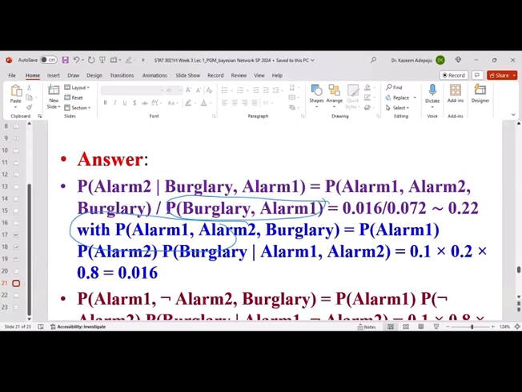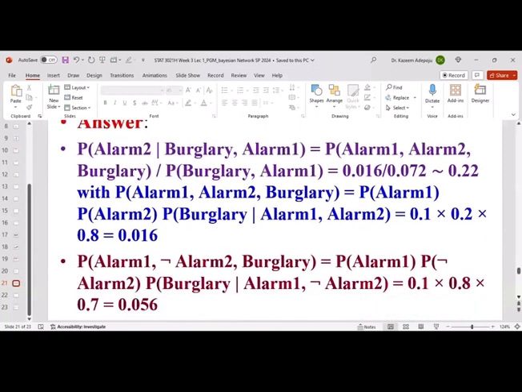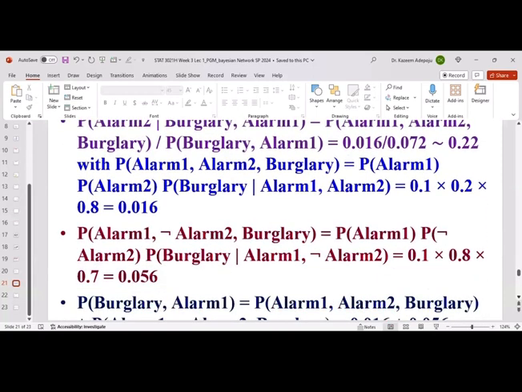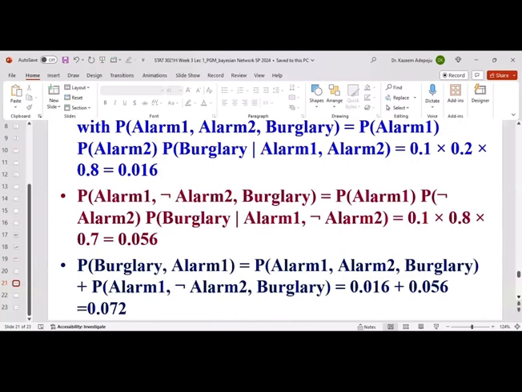Now, focusing on the denominator, what do you see here? The denominator is a total probability, where alarm 2 is observed and a situation where alarm 2 is not. Don't forget that you will use the structure to find the probability of this joint, and to also find the probability of this joint.